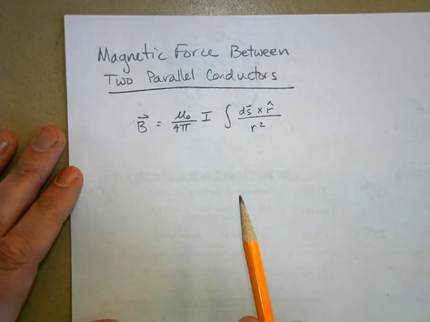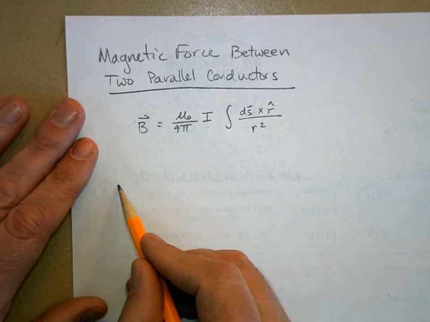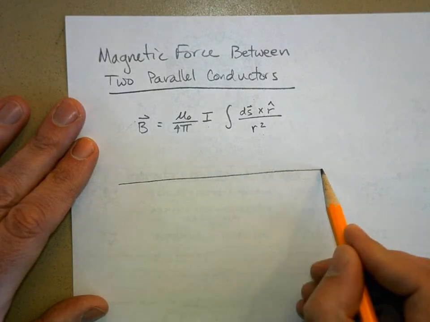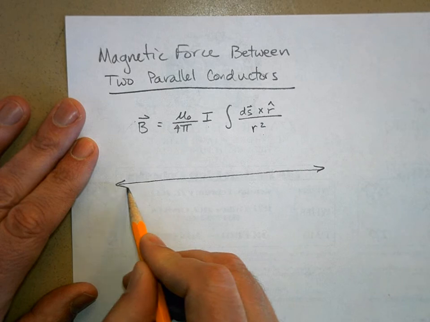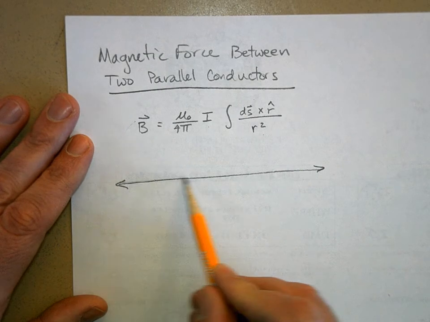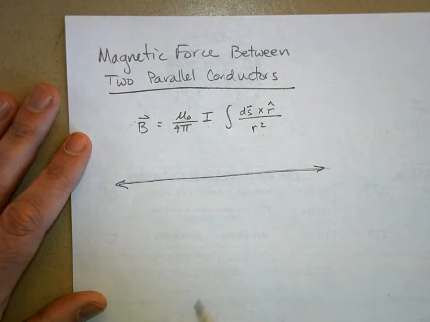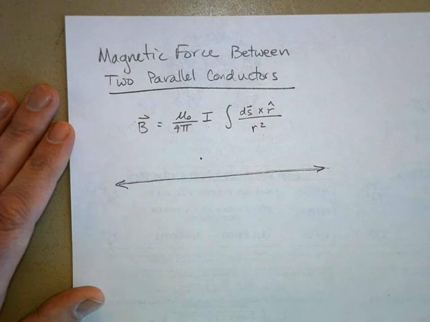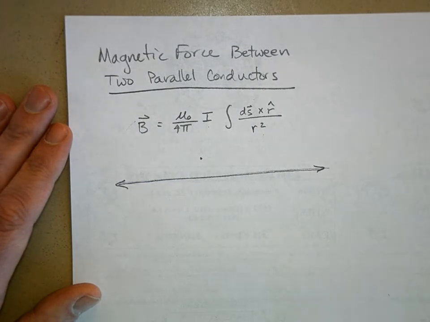Now we used this to figure out what the magnetic field was for a really long straight wire. For a really long straight wire, we want to know what the magnetic field is at some point off the wire.